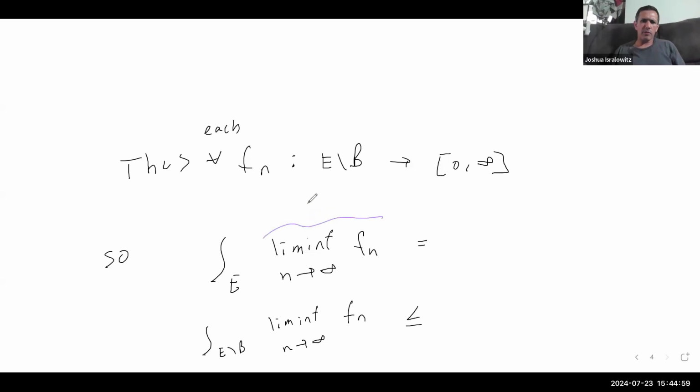Or rather, it could be infinity. For the purposes of integration, we don't care what it does on B. We can even set it to be zero on B for all we care about.